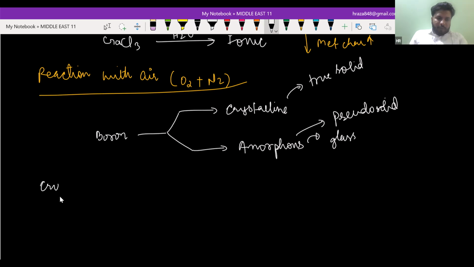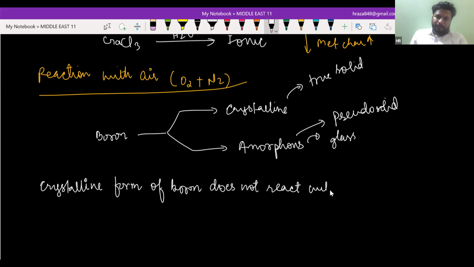So I'm going to write a point about boron. The crystalline form of boron does not react with air, that means O2 and N2.